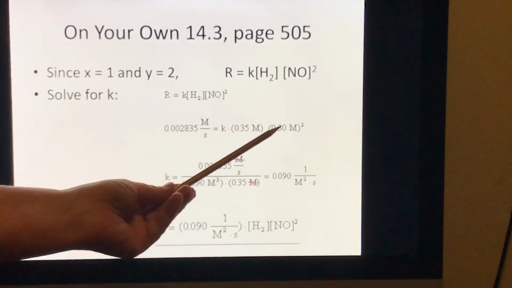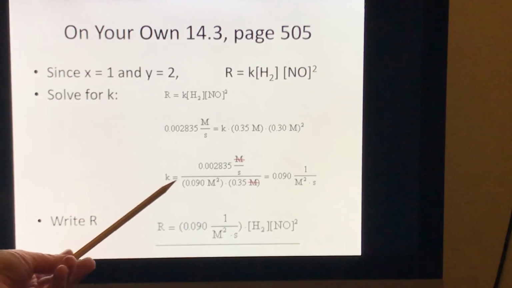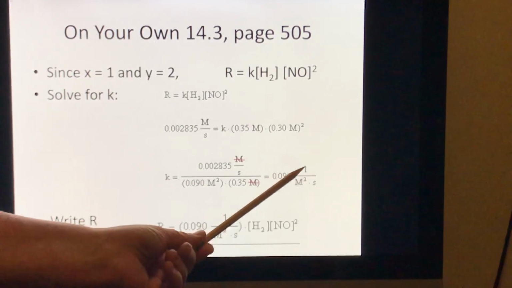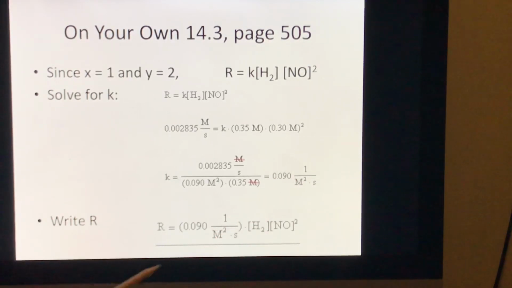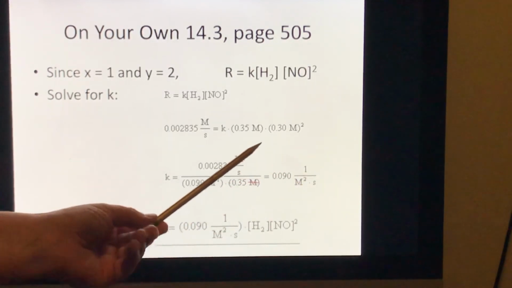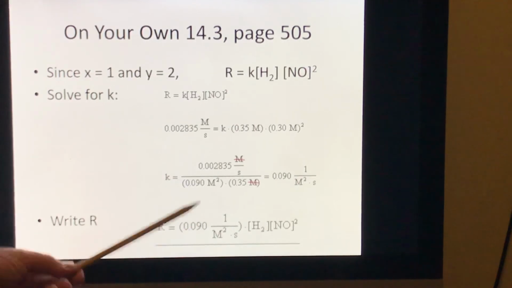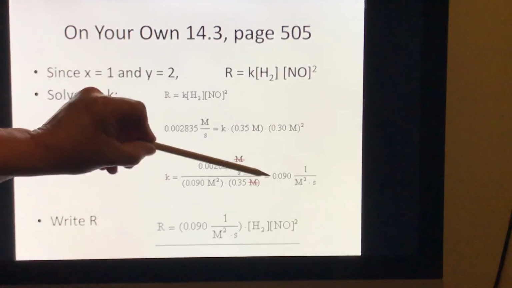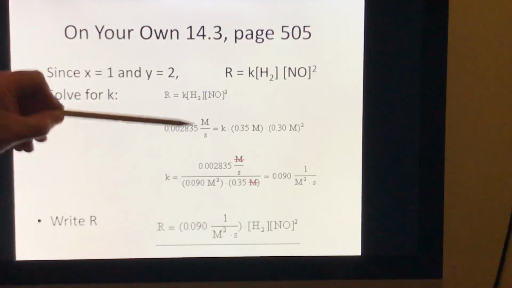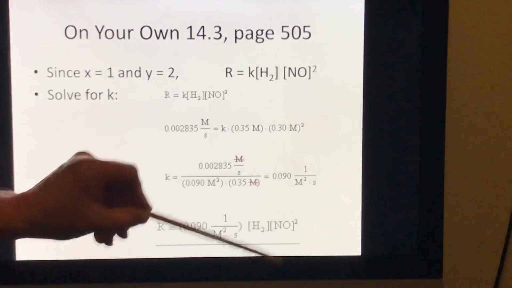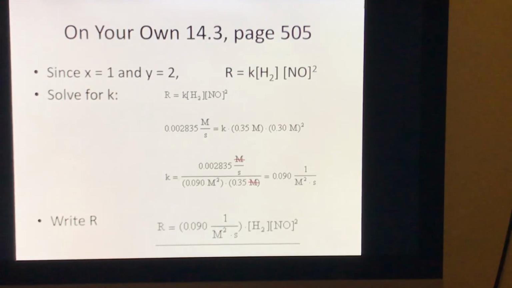Those are plugged in. Then you solve for K. Again, you can have some unusual units, 1 over moles squared times seconds. And then you take this numerical value for K and substitute it in for the variable here, and then just follow with the same equation at the end.